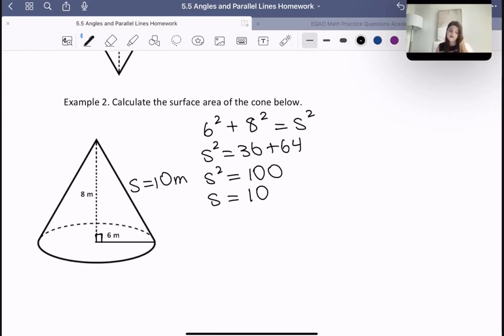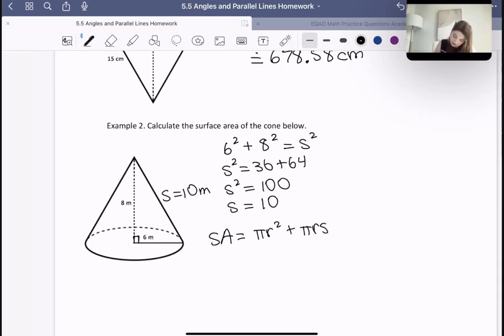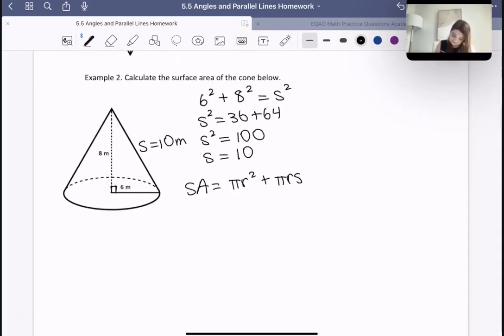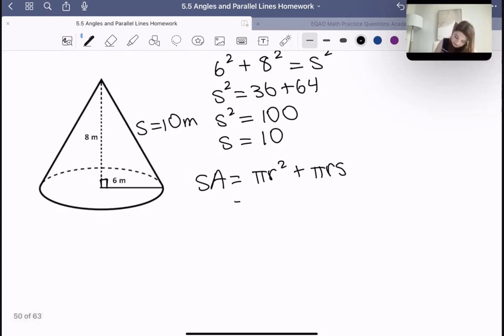Okay, now that we found our slant height, let's find our surface area, which, as a reminder, is pi r squared plus pi r s, right? Yes, it is. So now let's plug those values in.